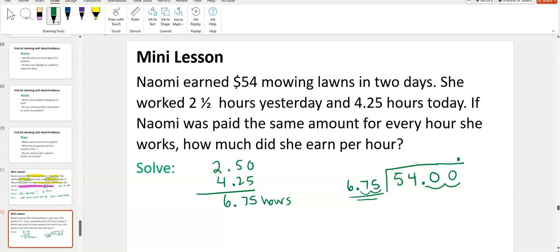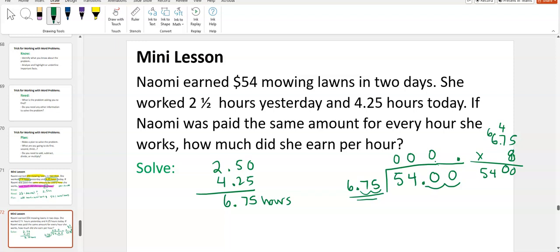And I'm going to do 675 into 5,400. So it does not go into 5 or 54. It does not go into 540. So I'm going to take a minute and do some math to figure out how many times it does go in. Well, what do you know? I took a guess here at 8 because I knew that like 6 times 9 is going to be 54.